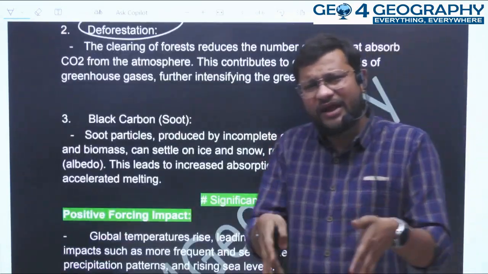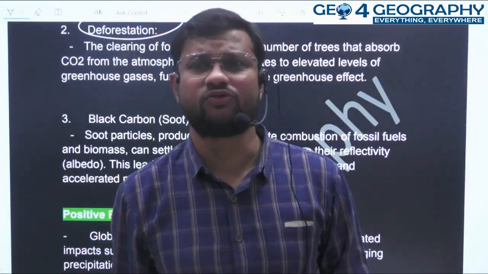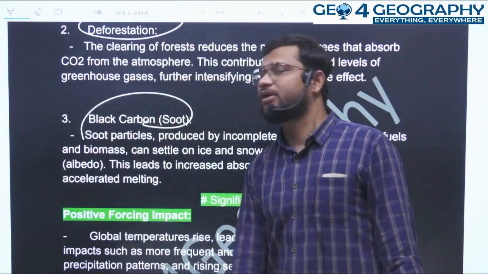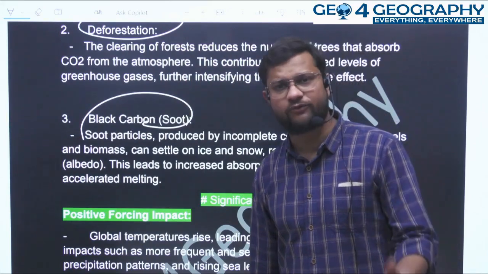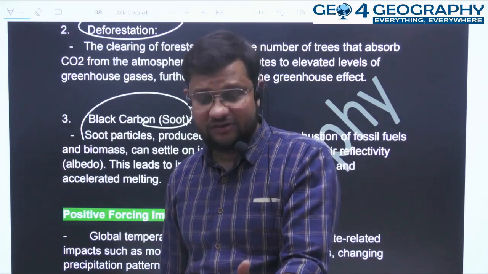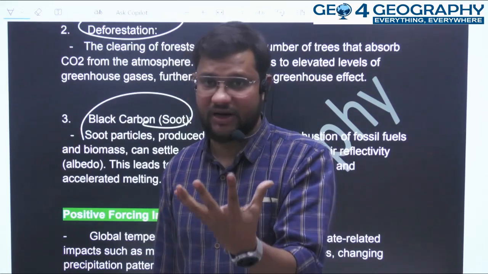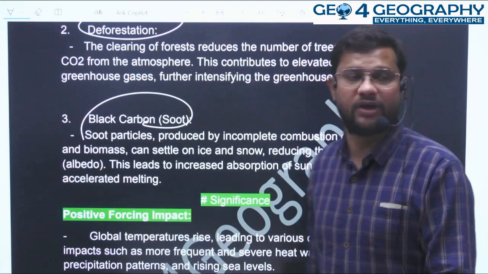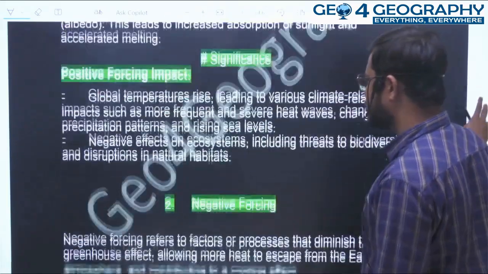Then see, black carbon and soot. Black carbon is simply a form of carbon that remains stuck to the ground, and as it is black it keeps on absorbing energy. जब energy absorb करेगा तो obvious है heat content और temperature increase हो जाएगा उसमें.